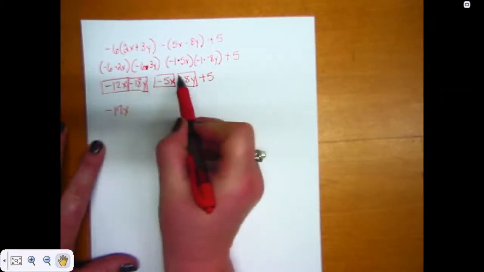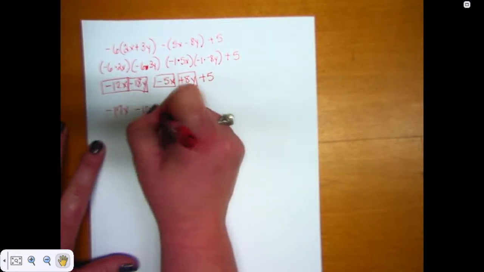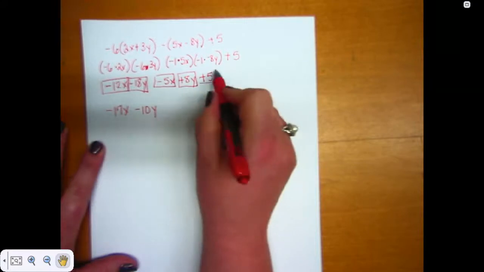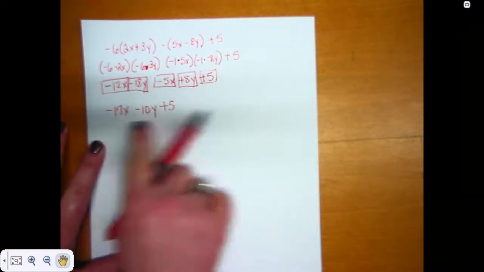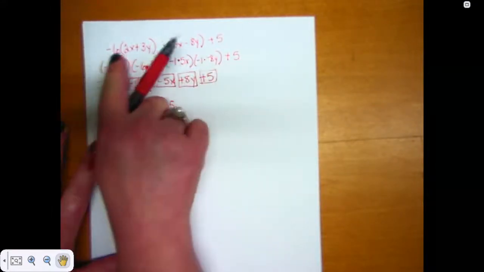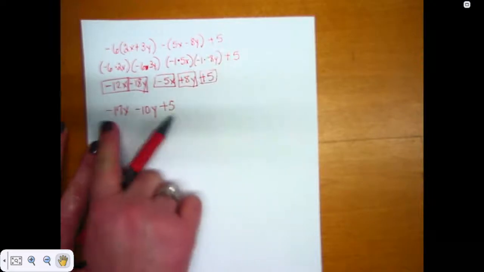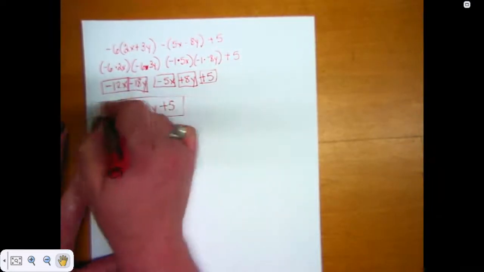So 18 minus 8 would be -10y. And then I would just bring down this +5. So this is my most simplified version of this expression. So this expression is equal or equivalent to this expression.